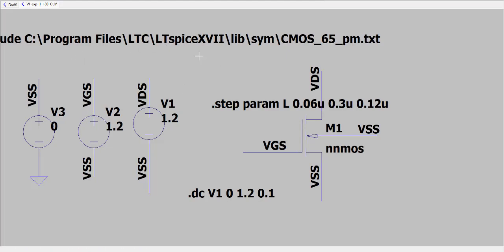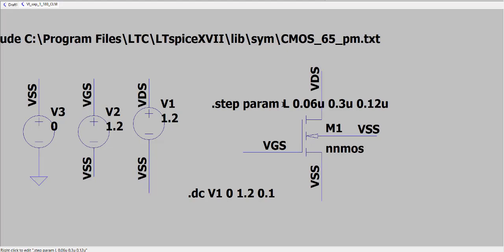This include file you are seeing here, in Program Files, I have basically included a spice file which will make sure that the MOSFET I have taken is a 65 nanometer MOSFET. If you want to learn these things, you can go to the web page and learn it. If you don't want to learn, that's fine, completely on you. Okay, so I just wanted to show you the channel length modulation basically.